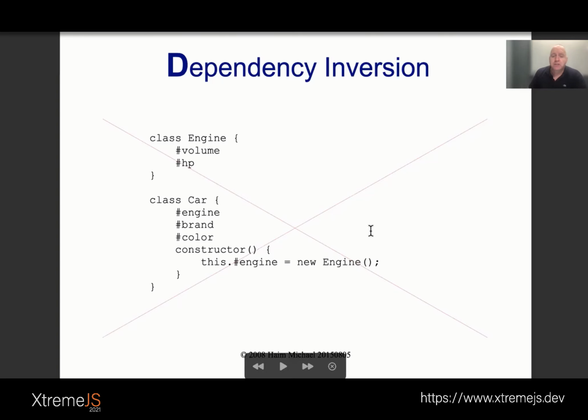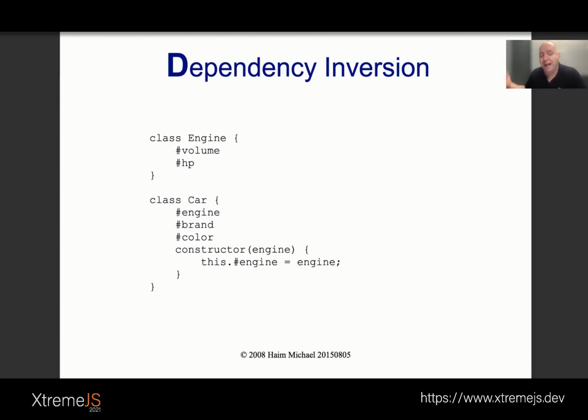It would be better to allow developers to decide by themselves which object will be the engine of a new car represented using an object instantiated from car. As you can see in this code sample, if we take outside the code of the class car, somewhere else, the power to decide about the engine that is going to be used, then the quality is better. We get a better quality.